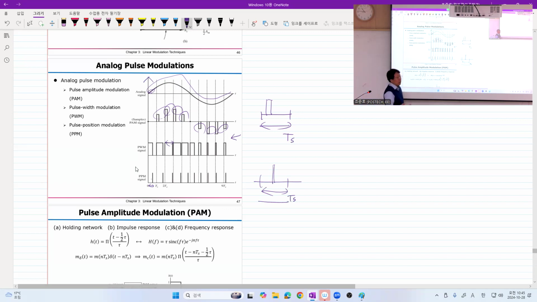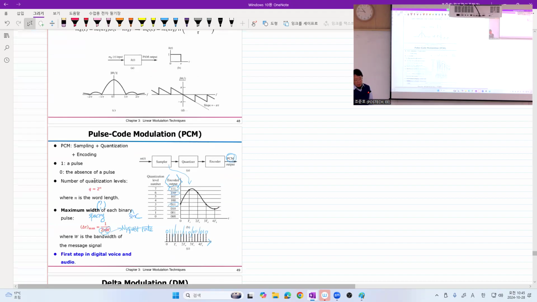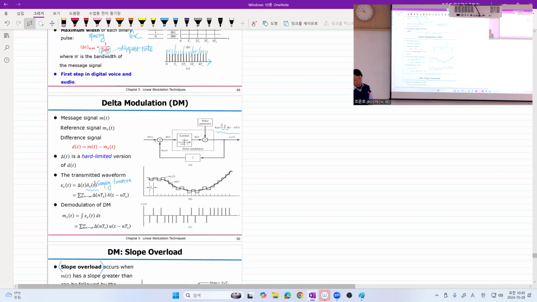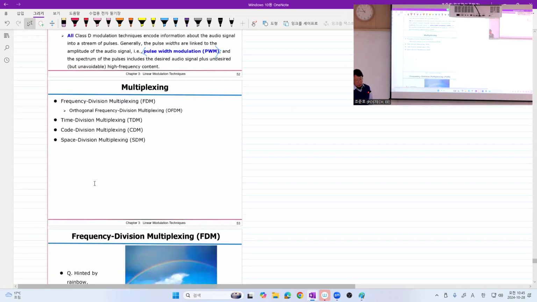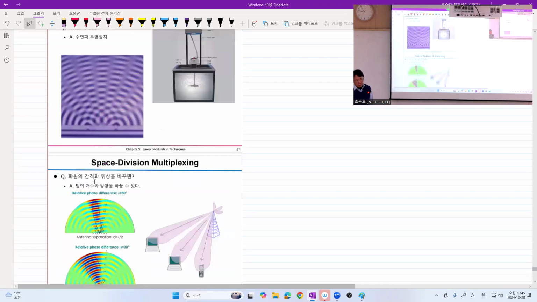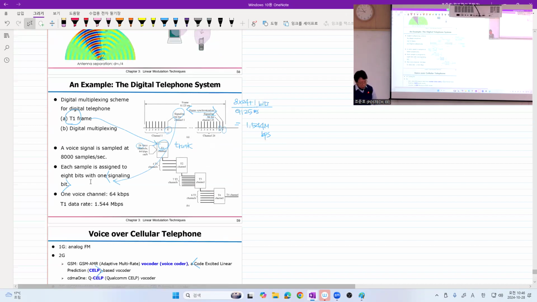So in this way, you can convert an analog signal to a digital-like signal. And then they try, for example, to multiplex these signals when they build the public telephone network. So let me just show you one of the ideas. So this is the idea.